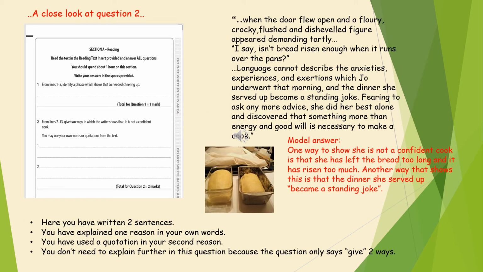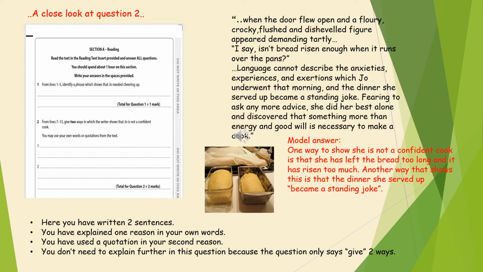Question 2 looks at the material contained between lines 7 and 13 and asks you to give 2 ways in which the writer shows that Jo is not a confident cook. Now if you look at the text again at the top right hand side of this slide, you have to gain from the text why she's not a confident cook, and again it's implied meaning.